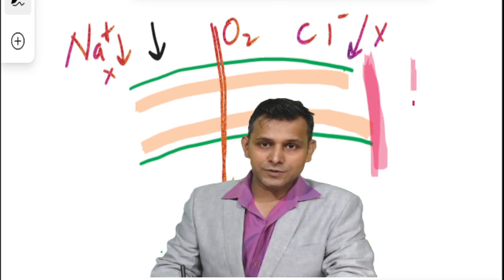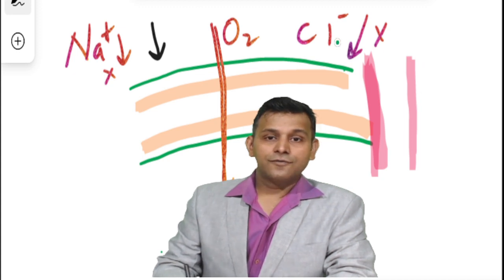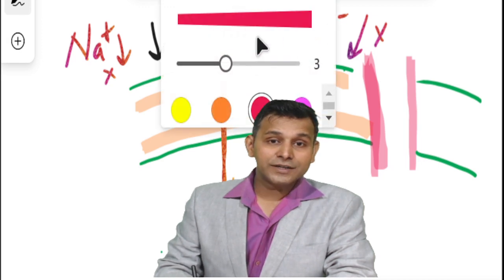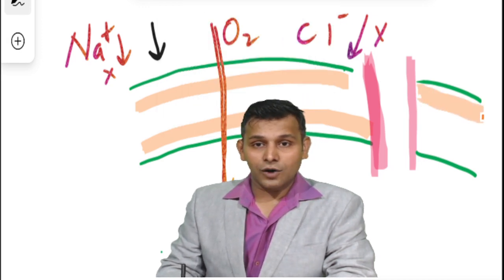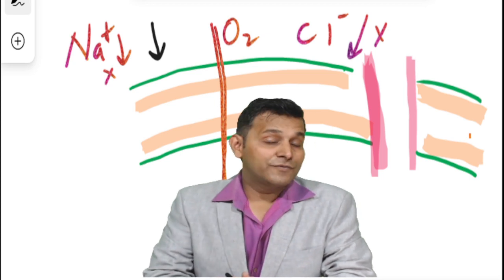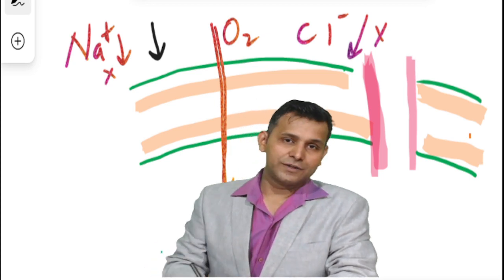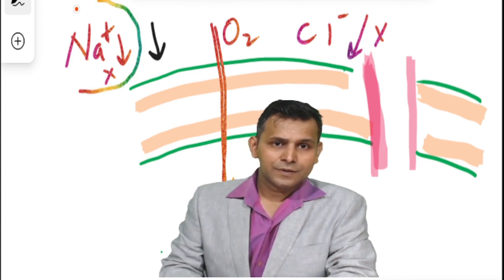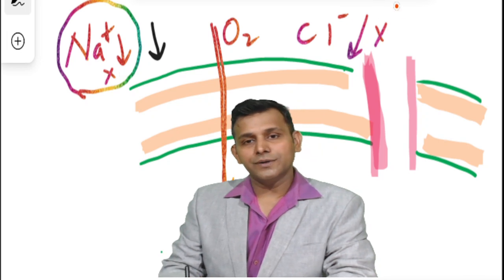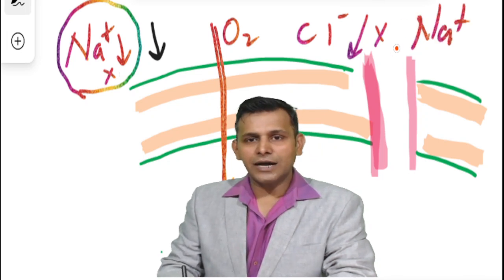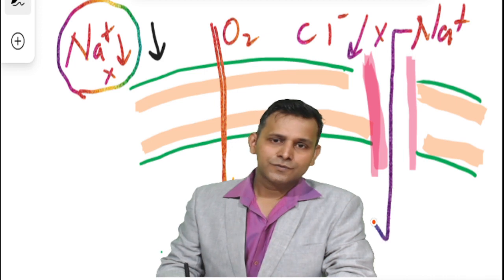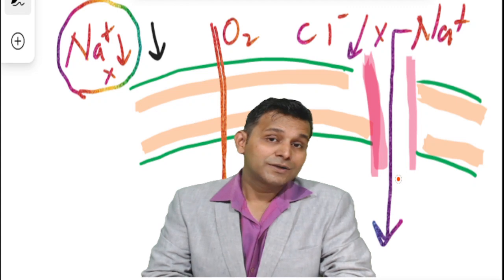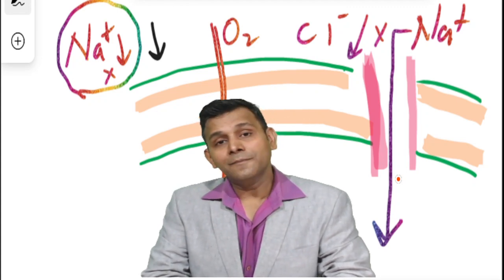These protein molecules form a channel or a pore which allows molecules to cross the lipid bilayer, which otherwise they cannot. For example, sodium cannot cross the lipid barrier directly, so for sodium we have made a sodium channel. This sodium channel allows sodium to move across the cell membrane very easily. So the cell membrane allows sodium ions, but not through the lipid itself, but via sodium channels.